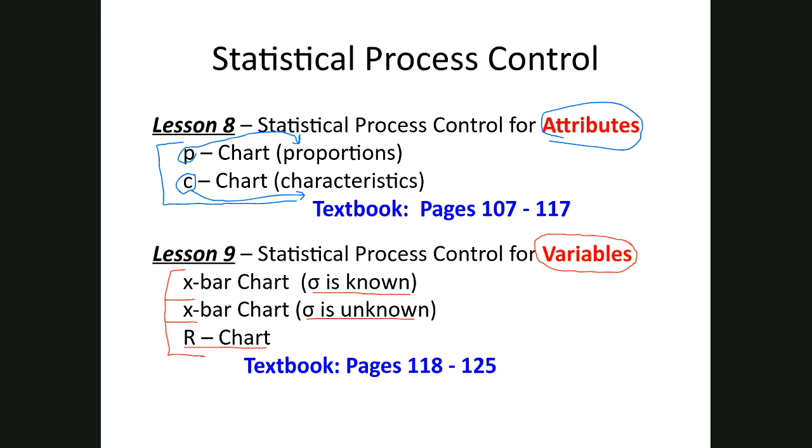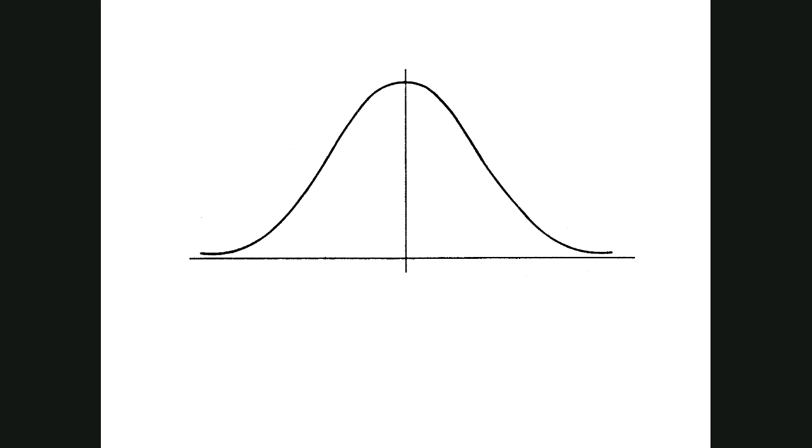Statistical process control for our purposes is going to be based on the normal distribution. And again, this is a representation of a normal distribution with a mean and a standard deviation.